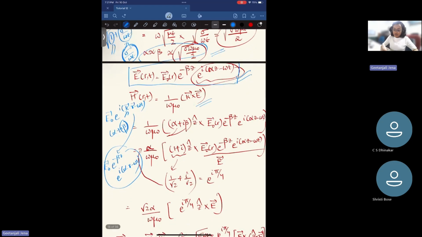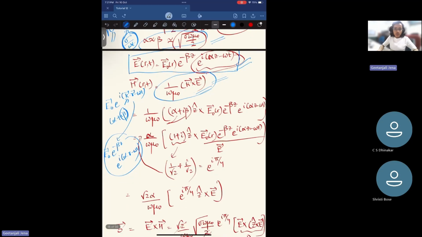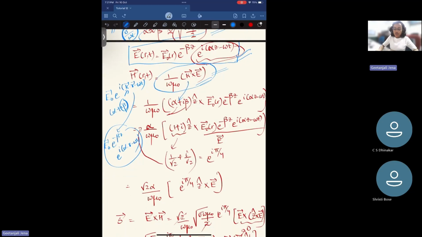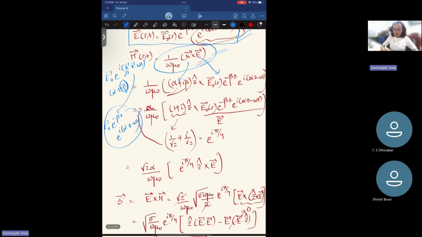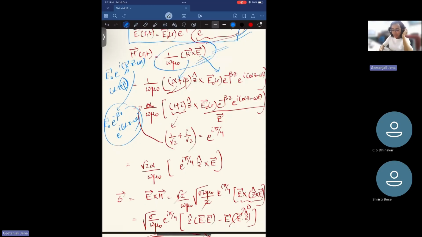I hope we have seen this expression earlier also, k cross e by omega mu naught. In the next step, I have just put the value of k, which is alpha plus i beta z k, and the value of e. Then, to simplify it further so that I can get a real part, since this is nothing but a phase factor, I want to write it in terms of an exponential so that you can combine it with this propagating factor and finally get the real part and the imaginary part.